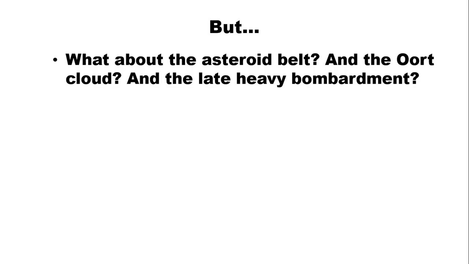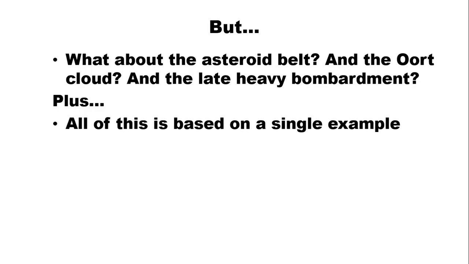But the biggest challenge remaining is that all of this is based on only a single example of a solar system. We developed nebular theory only based on observations of our solar system, not any other solar systems.